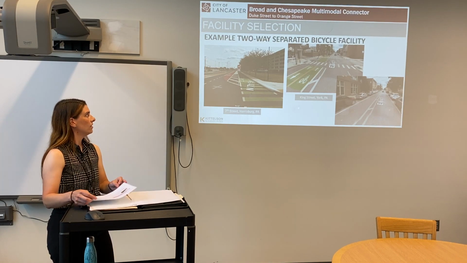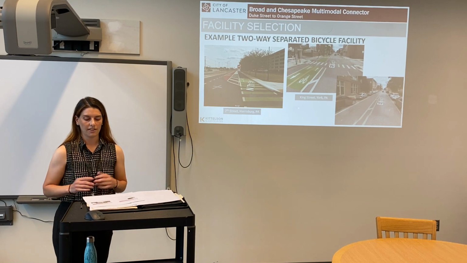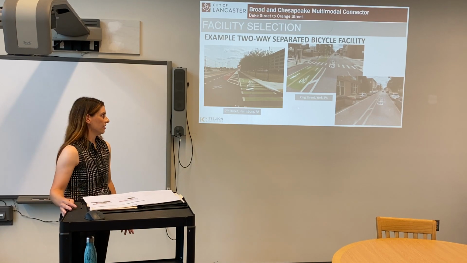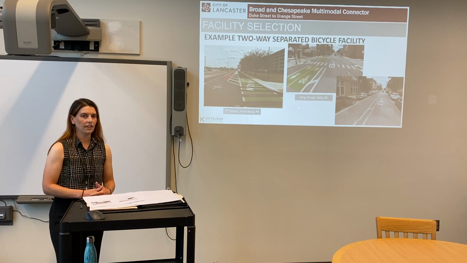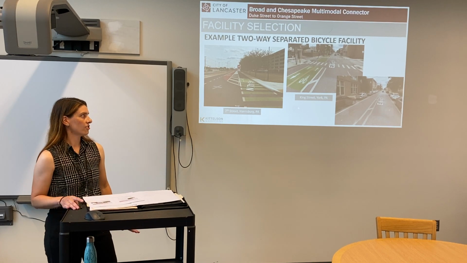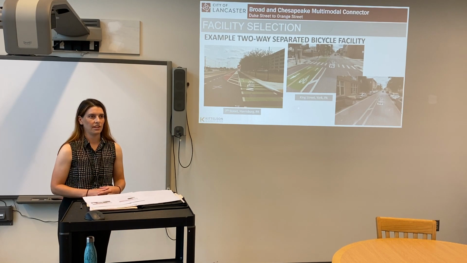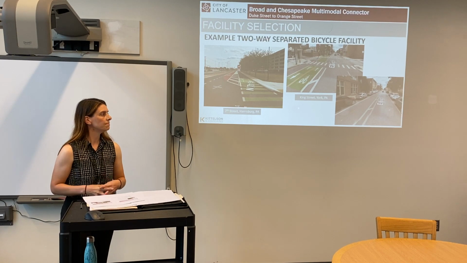There's a few two-way separated bicycle facility examples in other cities in Pennsylvania. There's 7th Street in Harrisburg, Pennsylvania, which is the image on the left. There's also King Street in York, there's 2 images there on the right.